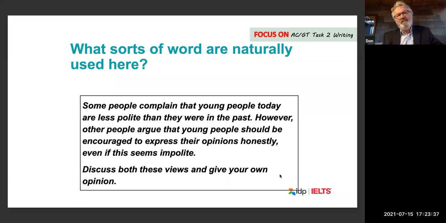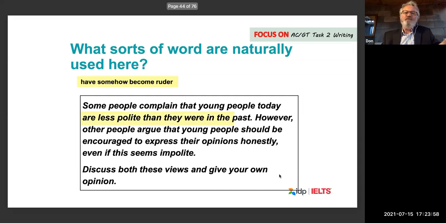Think of other words that mean expressing an opinion honestly: being frank, being forthright, being direct. Even if this seems impolite, what's another word for impolite? Rude, for example. We were asked to discuss these views and give our own opinion.